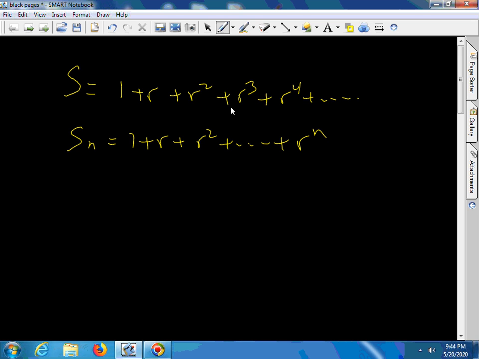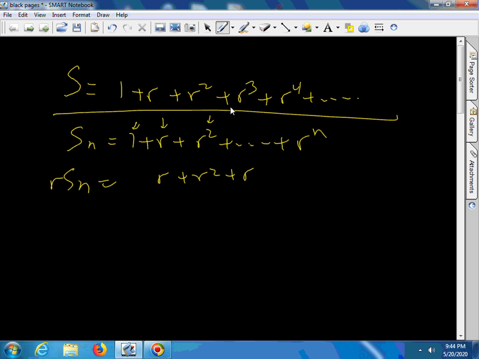So to prove the formula for the bottom one, let's write S sub n. Let's write down R times S sub n. I multiply each of these terms on the right by R, and I'll get R plus R squared plus R cubed all the way up to R to the n, and then R to the n plus 1.